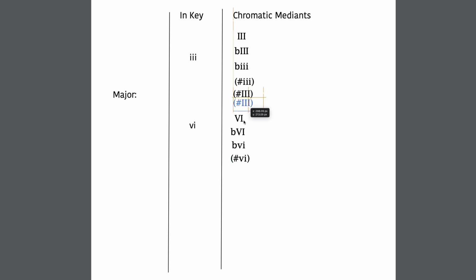But totally could do it. And the same thing with this. So I would call these two slightly less theoretical on the 6, but definitely theoretical on the 3. So these are all the options that we can do that create a chromatic median.